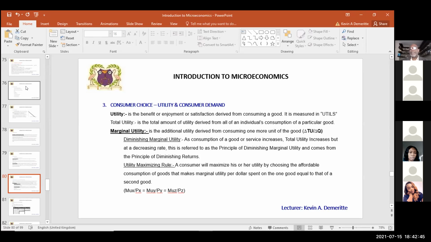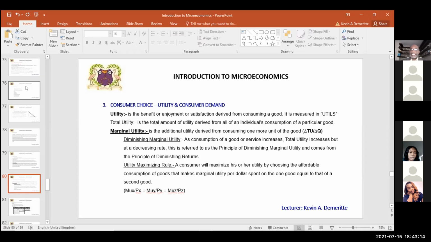If you give it three utils, you enjoy it even more. So we created this thing to try and measure in practical terms the satisfaction or enjoyment or benefit from the consumption of a good or service. So utility is the benefit or enjoyment or satisfaction we get from consuming a good, and we measure that in terms of utils.